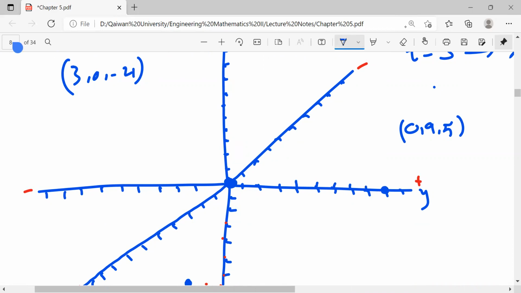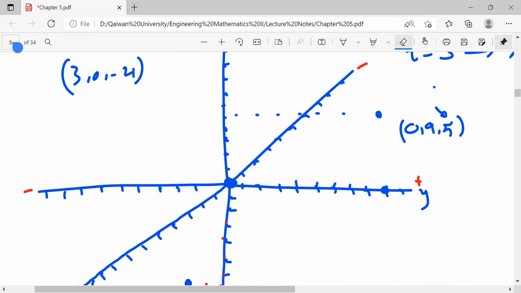We are now here. And then from this location, we move 5 units up because z is positive. 1, 2, 3, 4, 5. Let's see. It is somewhere here.